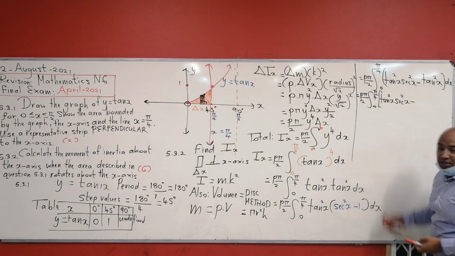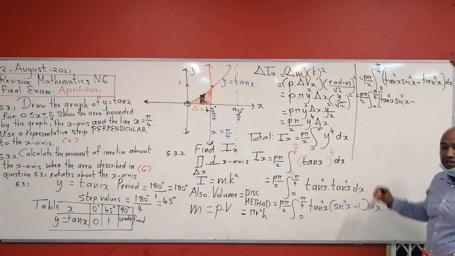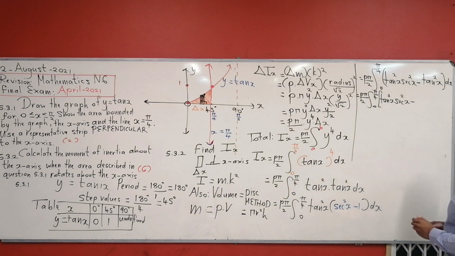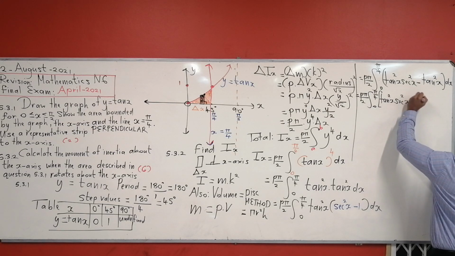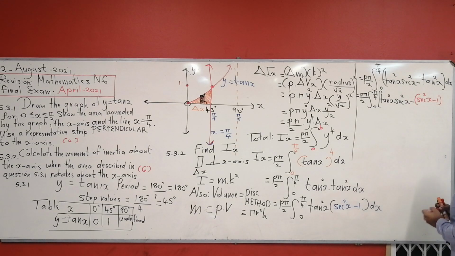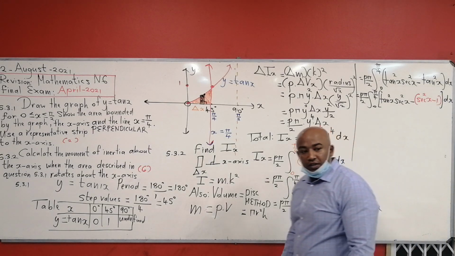There is nothing that you will differentiate that gives tan squared, so it's not a standard integral. So you need to change it. Tan squared can be written as sec squared minus 1. So you change tan squared to sec squared minus 1 again, and there's my dx. Now it's all ready for integration.